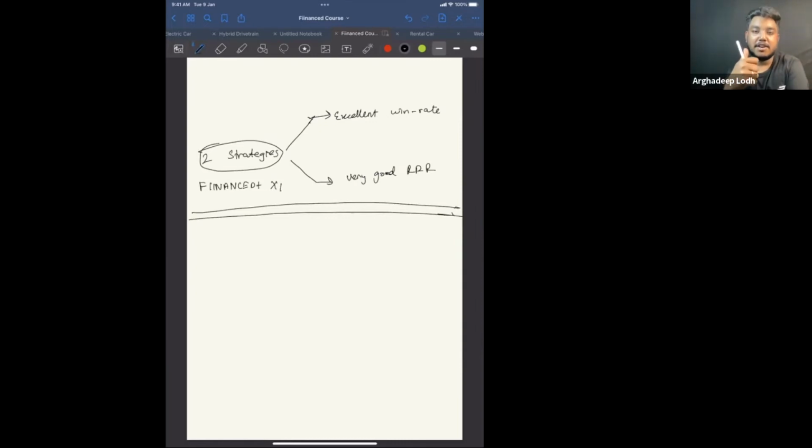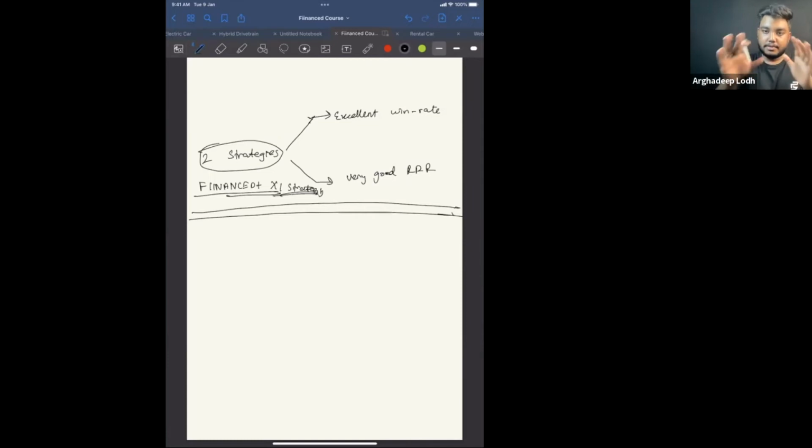One has an excellent win rate and one has a very good risk to reward ratio. So let's continue. Finance Plus X1 is an indicator, and the Finance Plus X1 strategy is a strategy that is made around the indicator.